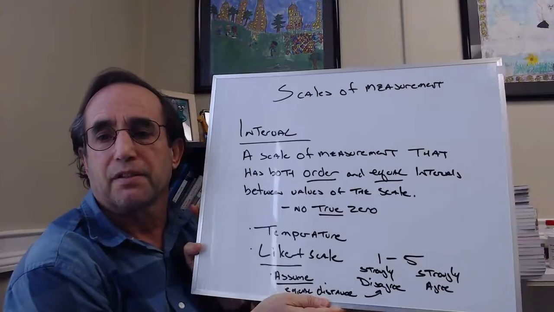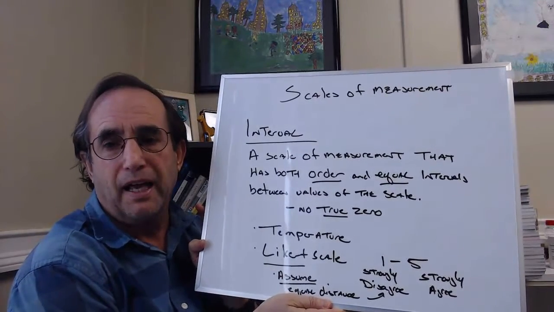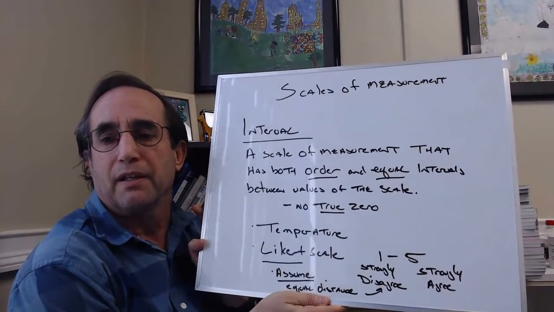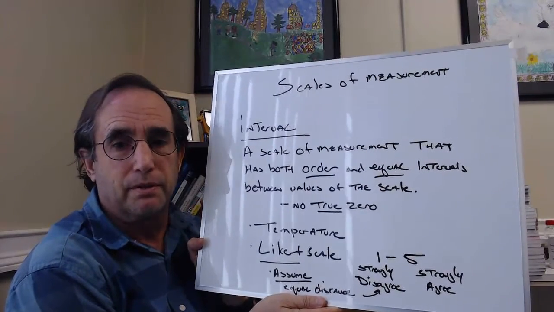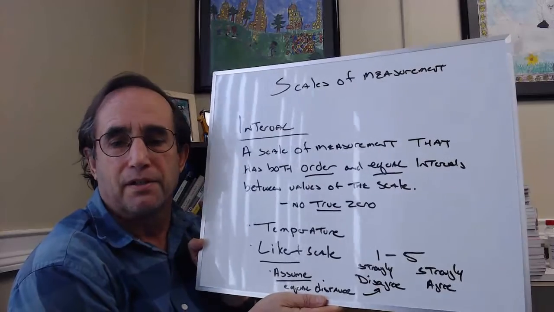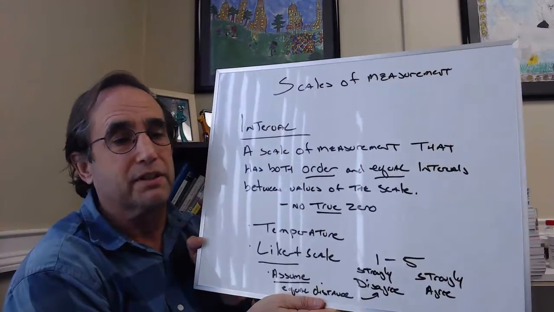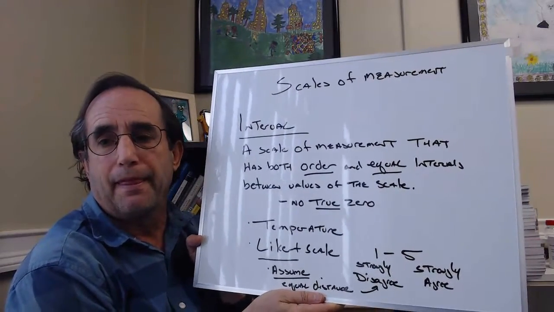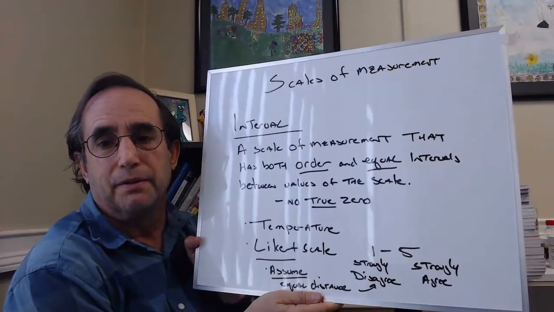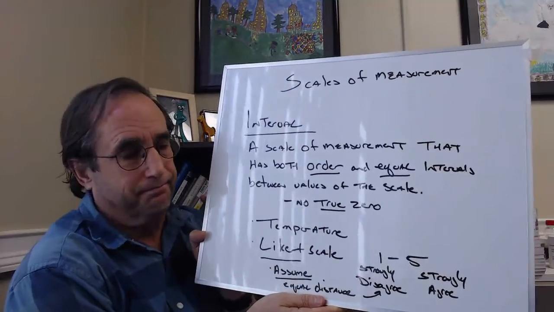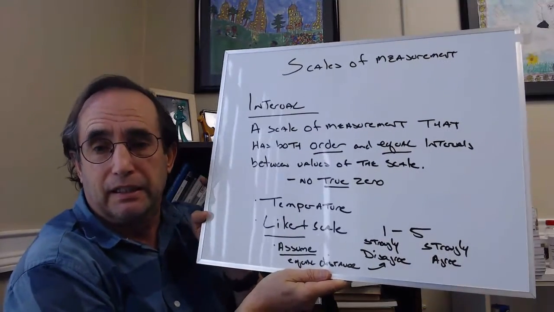Interval scales are a scale of measurement that has both order and equal intervals between values of the scale. Interval scales do not have a true zero. So consider temperature. Temperature is an interval scale. There's equal intervals between 1, 2, 3, 10, 15, 20 degrees.